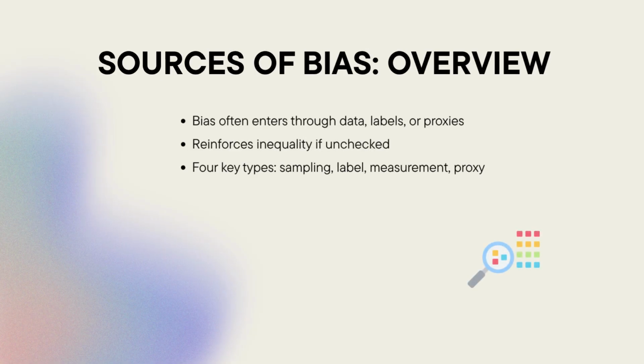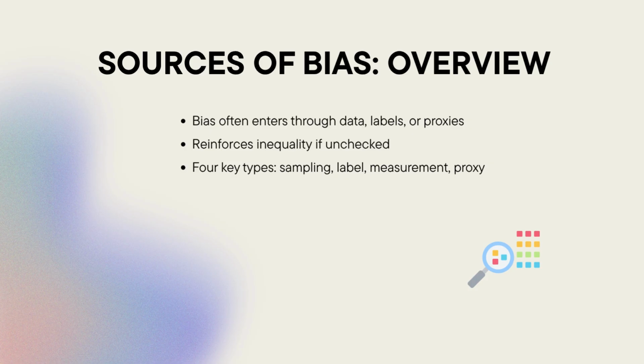So bias rarely appears as a single mistake. It creeps in through many points in the AI pipeline. It might start with the way data is collected, the way labels are assigned, or the way variables represent underlying concepts. Each of these can distort outcomes and reinforce inequality if not carefully managed.